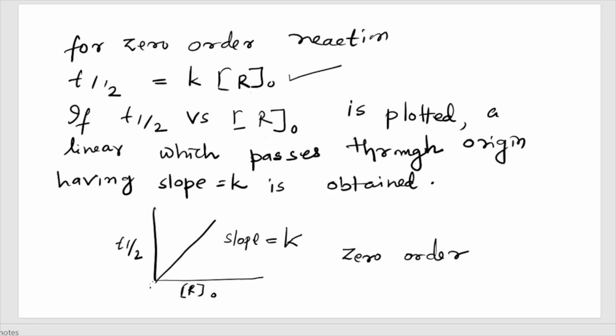See, this is the origin. This is a straight line and the slope equals K, and this is the zero order. Suppose you know the values of T half and R0 at different times, then you draw the graph, and if it looks like this, then you are sure that it is zero order.